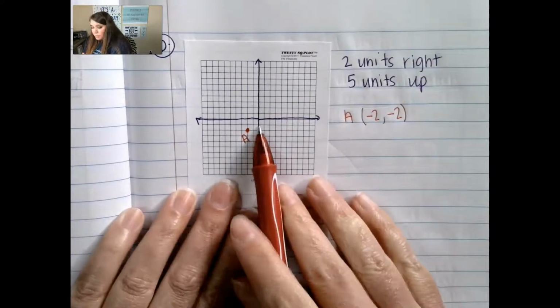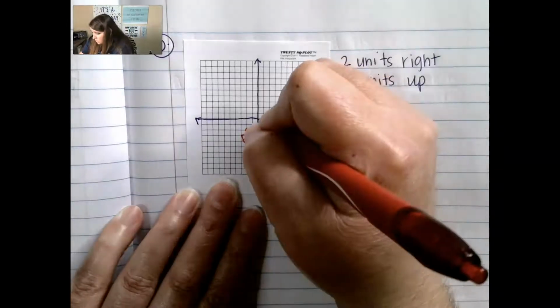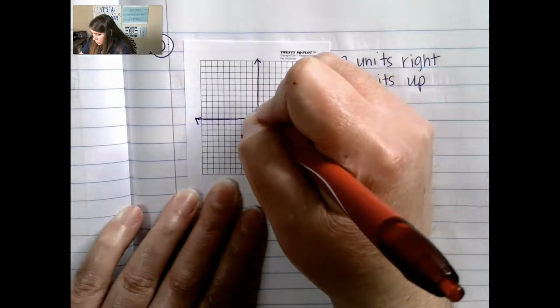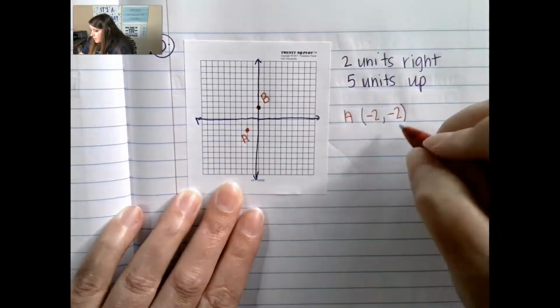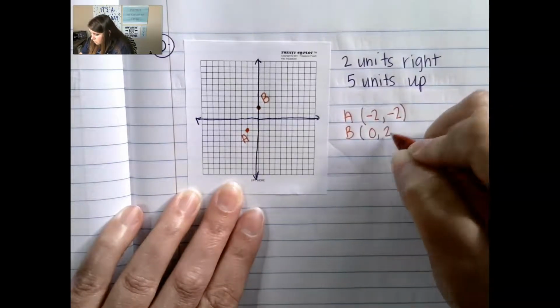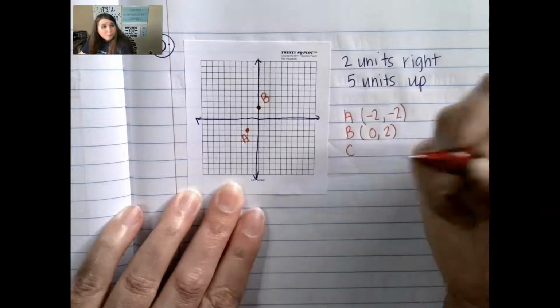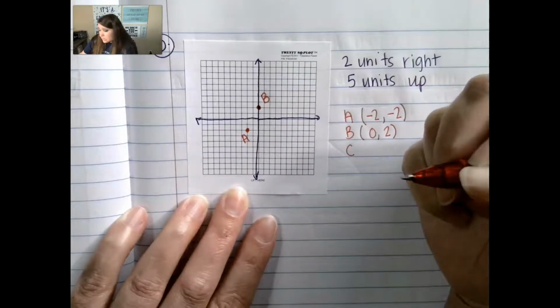All right, and point B is located at 0, 2. So we're going to go nowhere and then go up 1, 2. That's point B. And then point C is located at 3, 0.